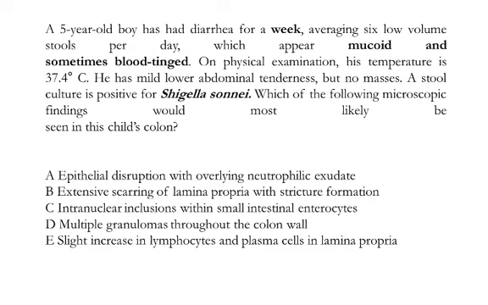Which are the following microscopic findings? A, epithelial disruption with overlying neutrophilic exudate. How to explain this answer? These bacteria can invade into the mucous membrane and cause the death of the epithelium.